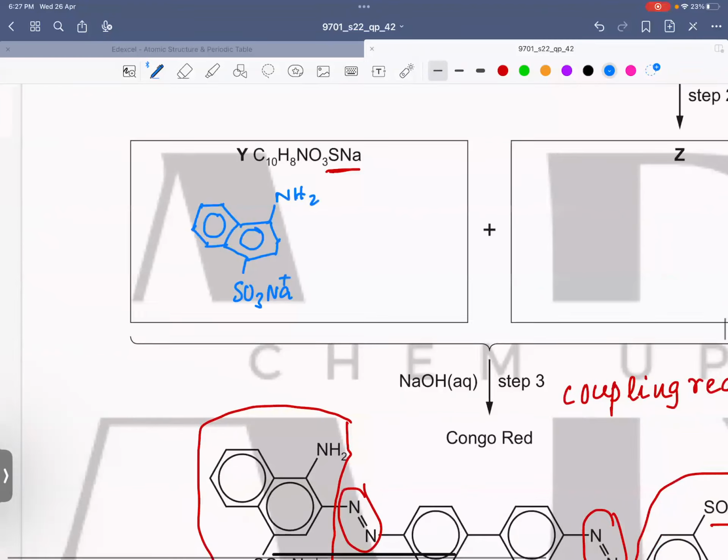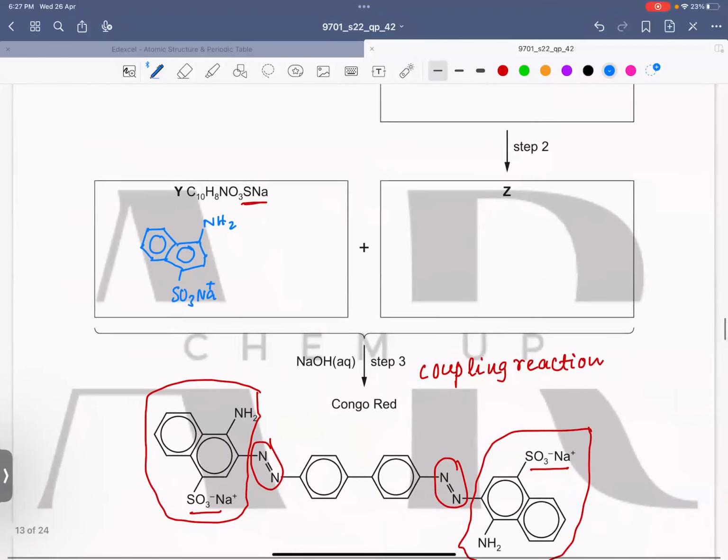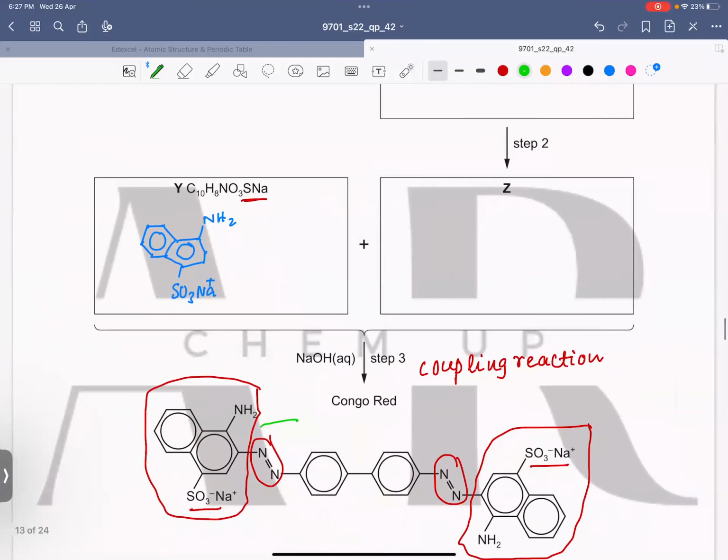Is this clear? Now the leftover part is this, which initially was a benzene diazonium salt.